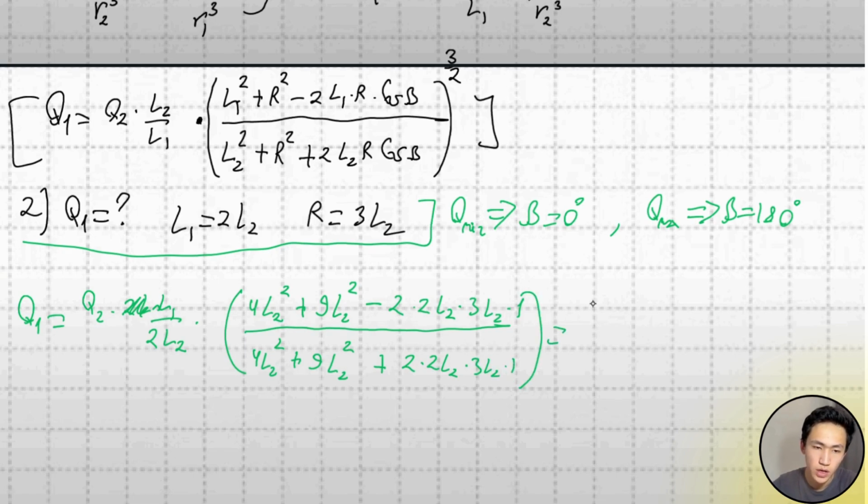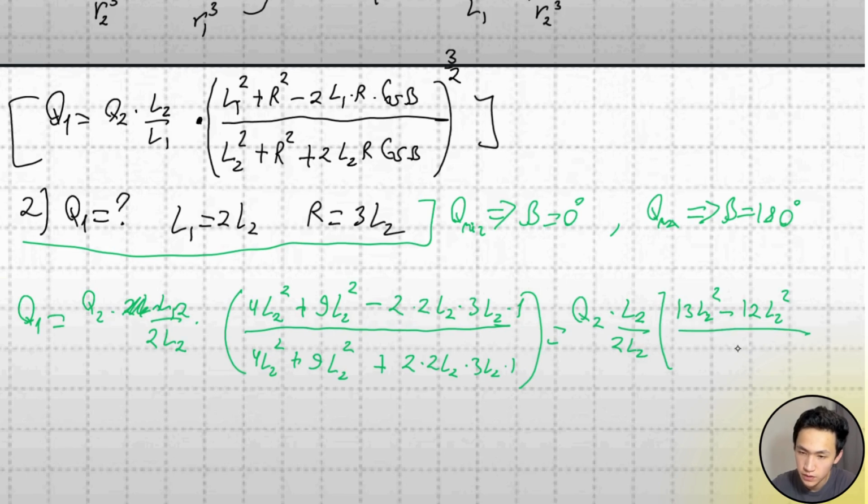We can calculate here Q2 times L2 over 2L2. It's 13 L squared minus 12 L squared, so it is 1 L squared, versus 25 L squared. It's cancelled out.